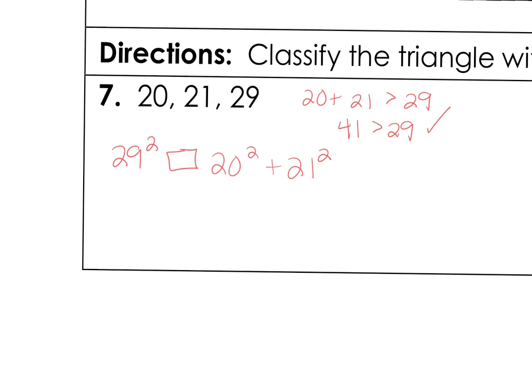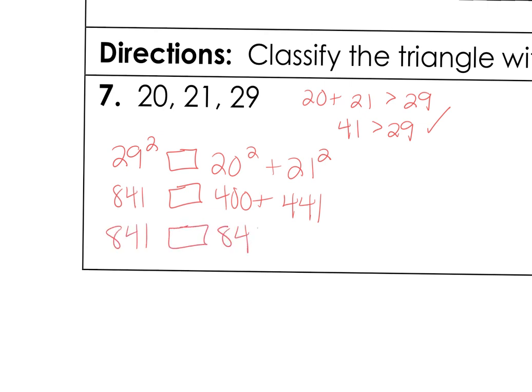So 29 squared, I get 841. 20 squared is 400. 21 squared is 441. Add up those sides. So we get 841. Well, since they are equal to one another, I know this has to be a right triangle. And that's how we classify it.